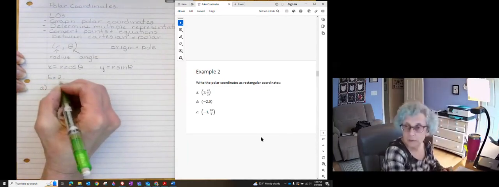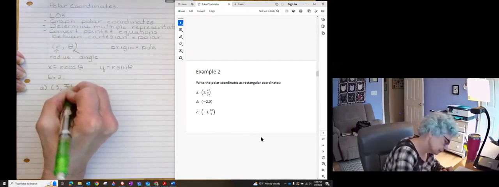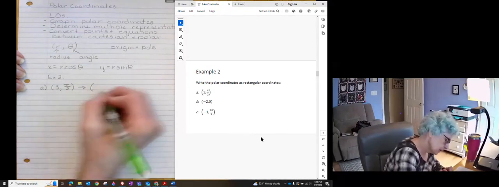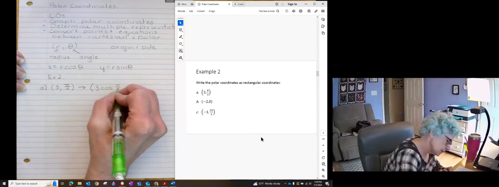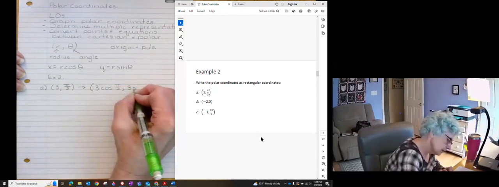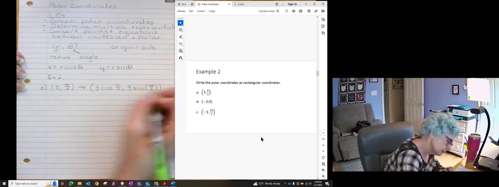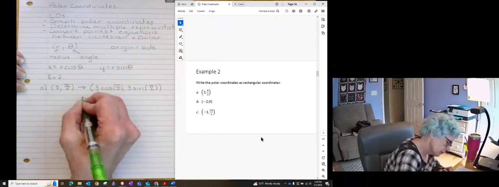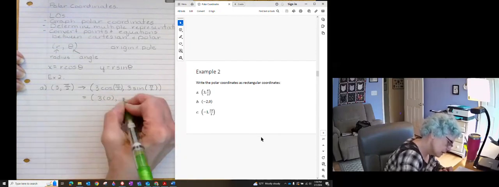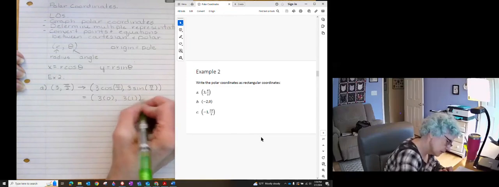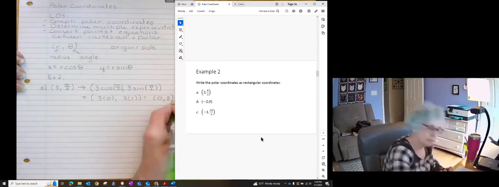We start with 3 and pi halves. That converts to 3 cosine of pi over 2, 3 sine of pi over 2. Cosine of pi over 2 is 0, sine of pi over 2 is 1, so this is the point 0, 3.